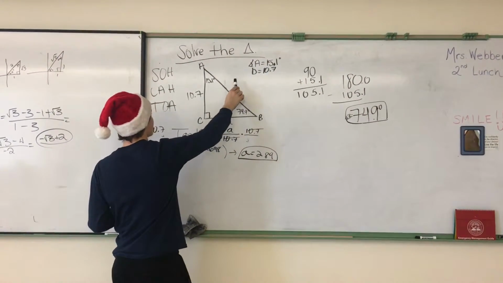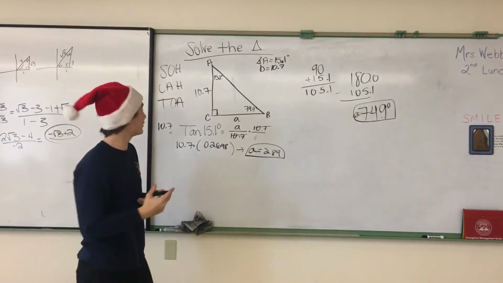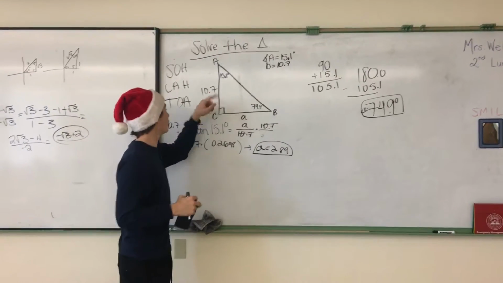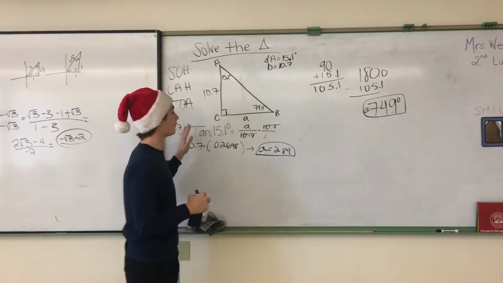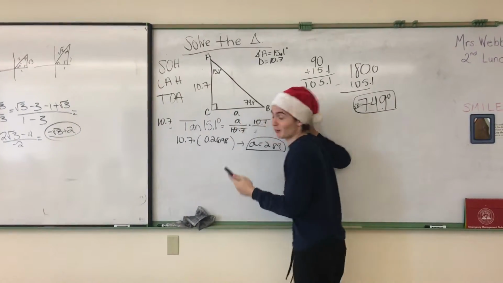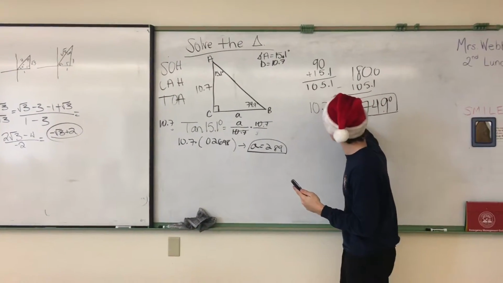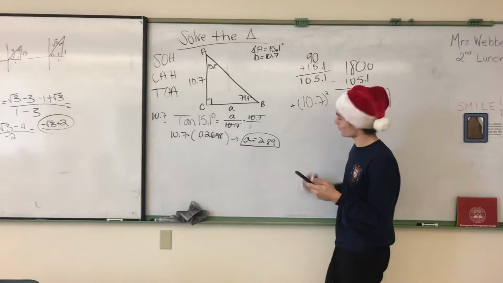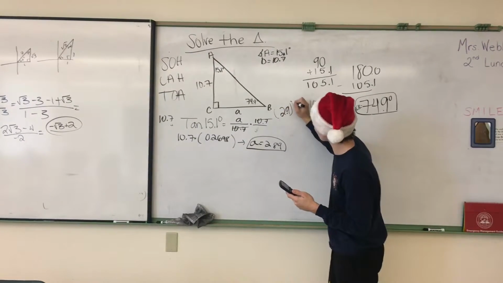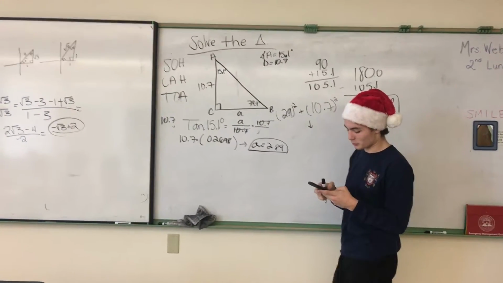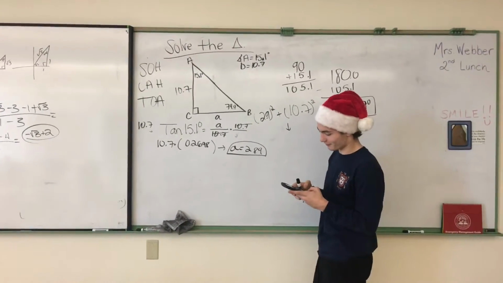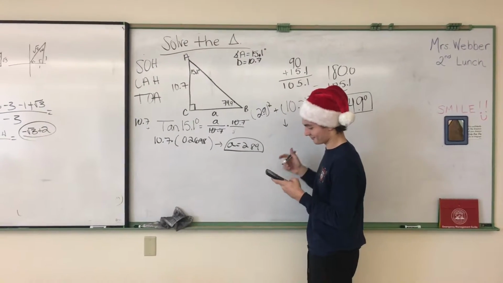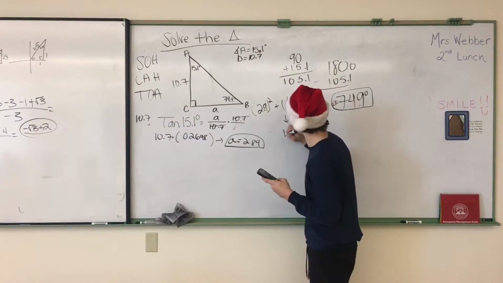And now to find side C, you can do two things. You can use the Pythagorean theorem because it is a right triangle, or you can find it using one of these methods, but I'm going to use the Pythagorean theorem because it's easier. So you take 10.7 squared and add it to 2.9 squared, and that comes out to about 122.9.